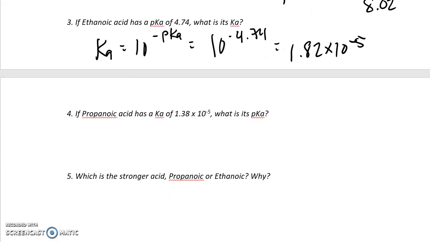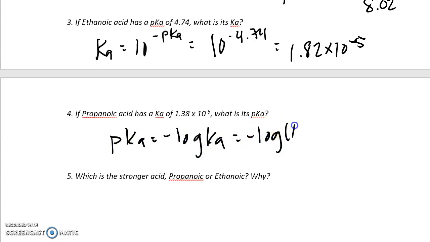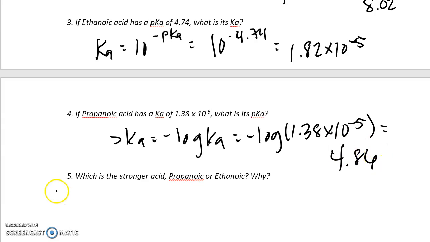If propanoic acid has a Ka of that, what's its pKa? You would say pKa is equal to negative log of the Ka, which is negative log of the 1.38 times 10 to the negative 5th. Which, when we plug it in our calculator, gives about 4.86 here. So which is a stronger acid, propanoic or ethanoic?